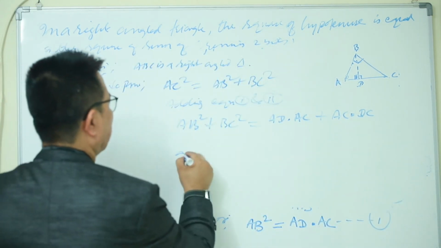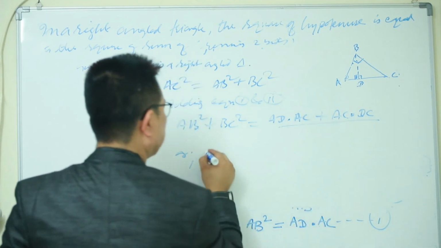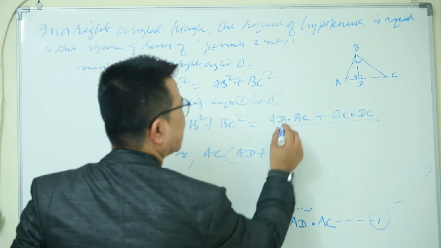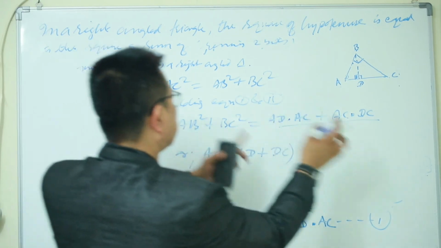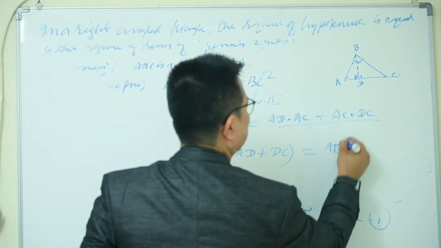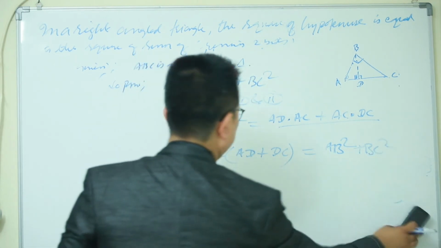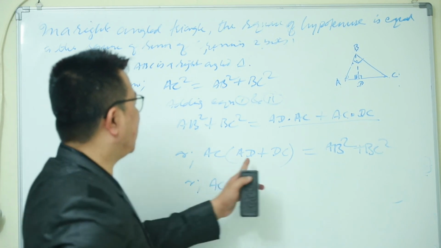Now let's write this on the left hand side. What is common here? AC. If AC is common, within bracket AD plus DC is equal to, this will remain as it is, AB whole square plus BC whole square. Now AC into AD plus DC.